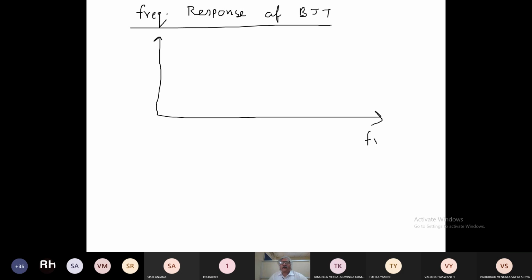On the x-axis it was frequency, on the y-axis there is gain, voltage gain. Okay, so the curve was like this.